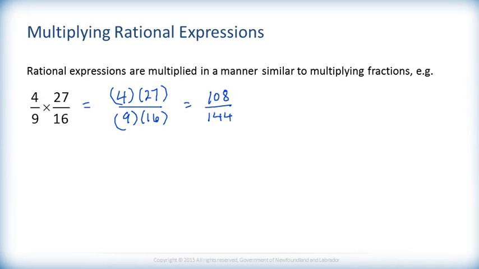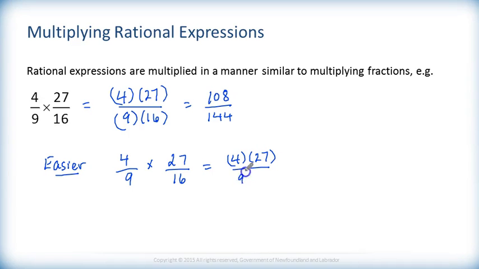An easier way to do this problem is this. We really have 4 times 27 over 9 times 16, and we just factor everything that we can so we can simplify before we multiply everything out. So 27 can be thought of as 9 times 3, and in the bottom we have 9 already.